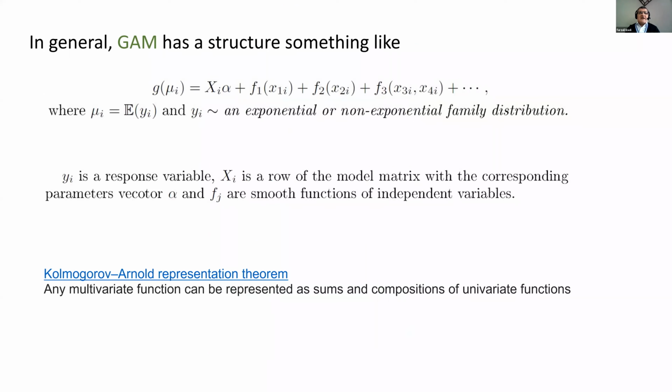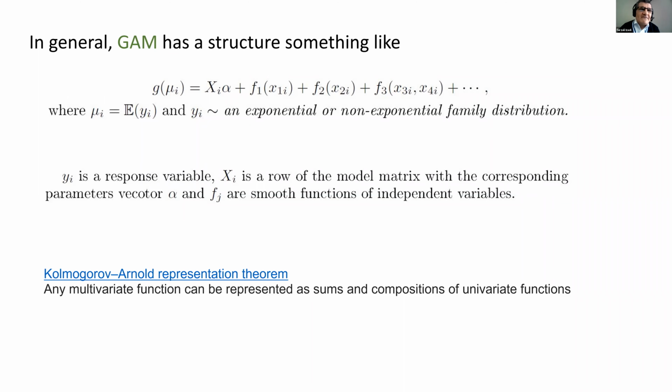So what is the generalized additive model, or GAM? In general, the GAM has a structure something like this. We have y_i as the response variable, and x_i's are independent variables. g is what is called the link function; it can be identity, log, exponential, different functions.